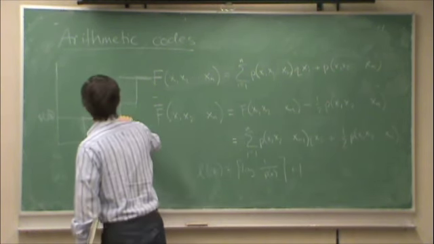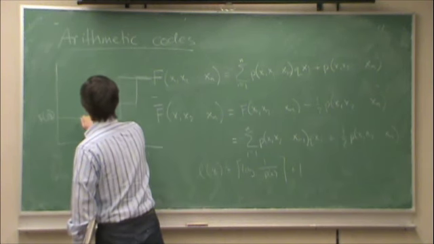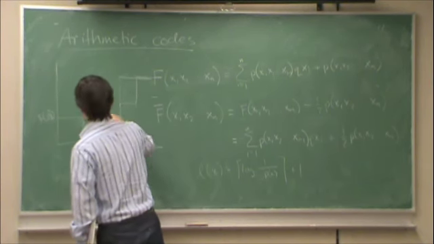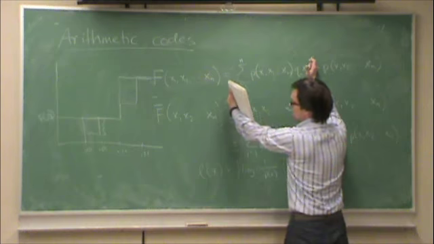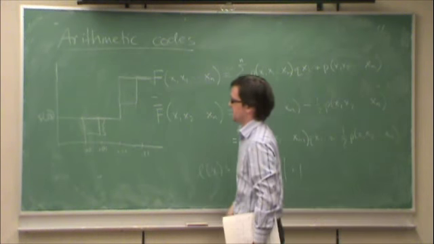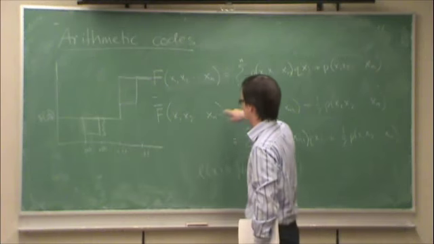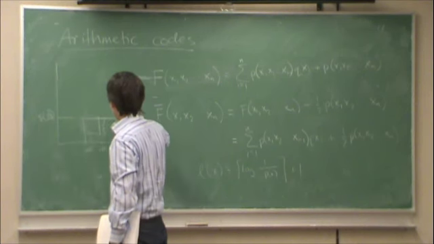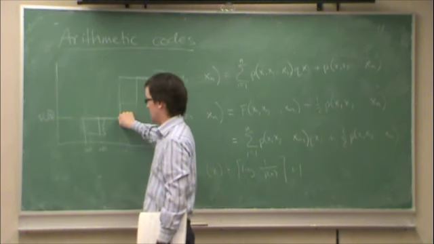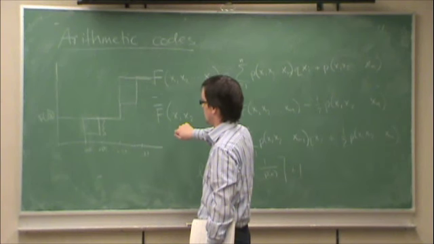Everything that is over here must be greater than F of 0.0. Now, this term here represents the F of 0.0 part. That's everything that is smaller than what you start with.